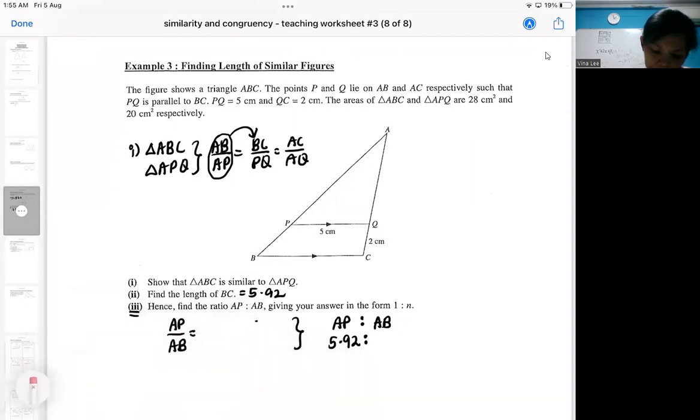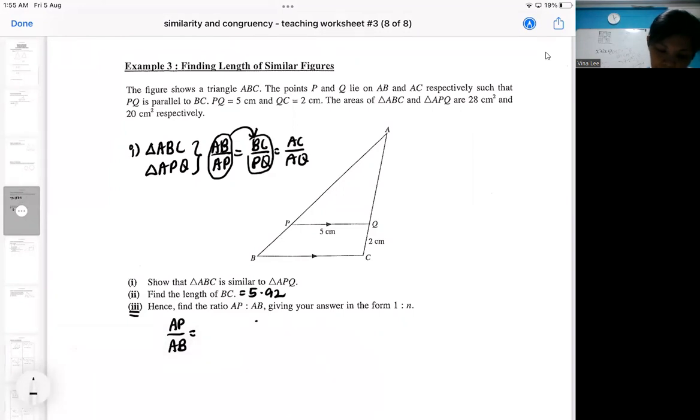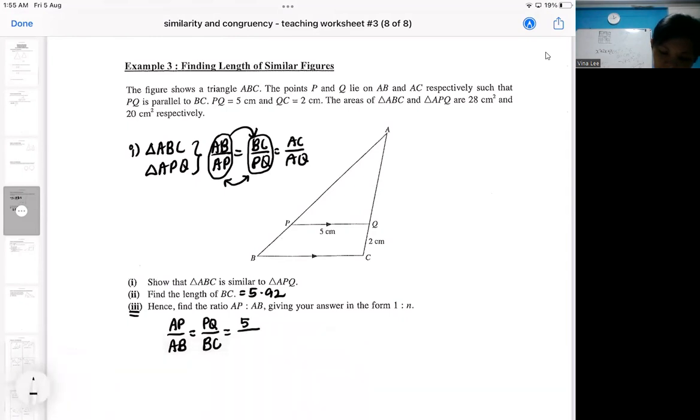Sorry. It's exactly the same as this, but it should be PQ over BC. I've got to flip it around. So it should be PQ over BC. And PQ is 5, and then this is 5.92.